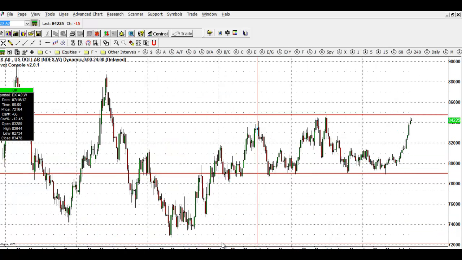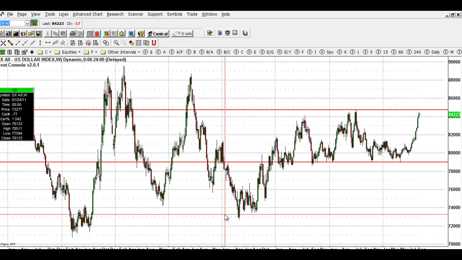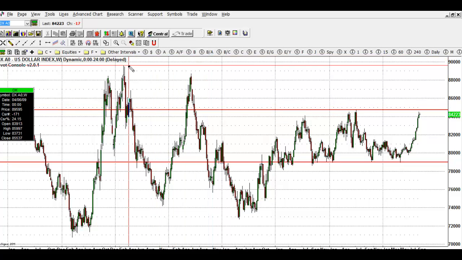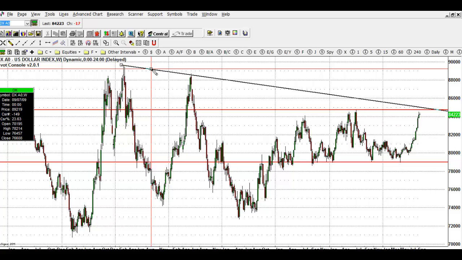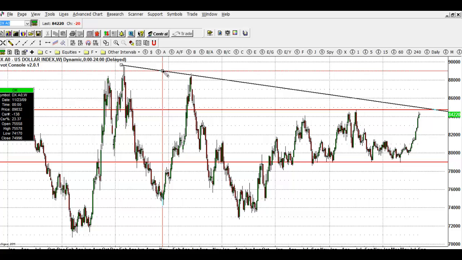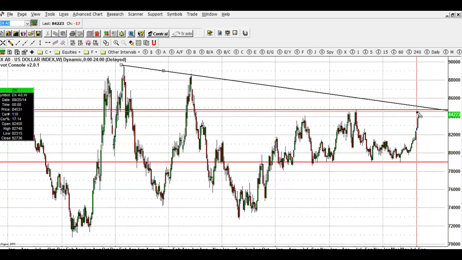Curiously also, we see that we're coming into trendline resistance on the dollar index. As you can see, if I draw the trend line across these previous highs, the market is approaching trendline resistance. So we have trendline resistance up by 85 and also previous high resistance coming near this 85 level.